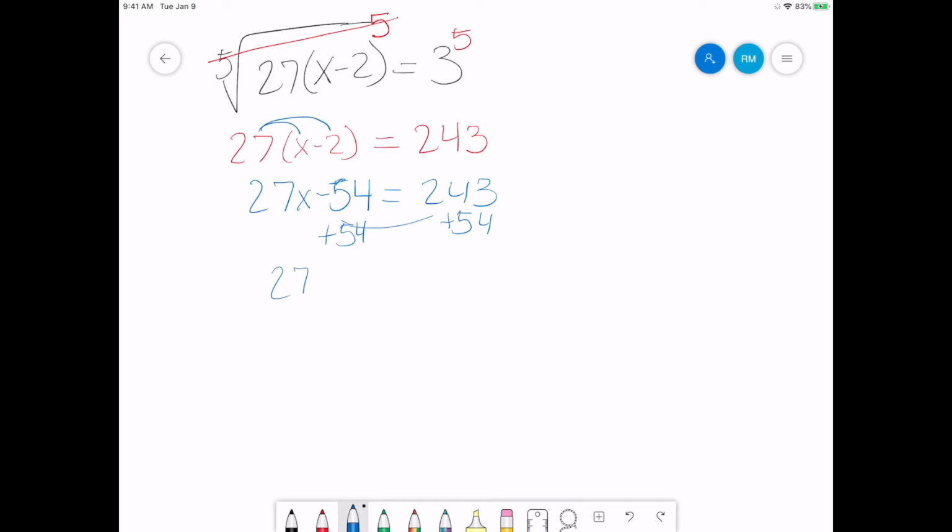I get 27x equals 297. Divide by whatever's next to the x. And x equals 11. And I am using my calculator as I do this.